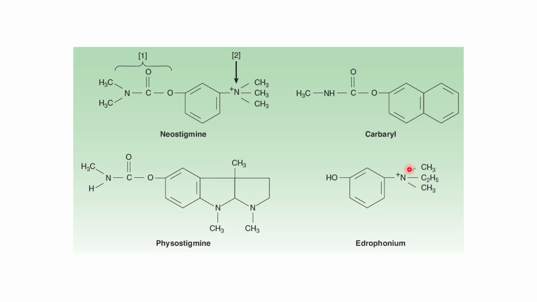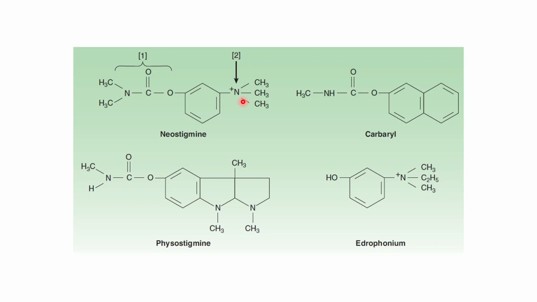The second is carbamic acid esters of alcohols having quaternary or tertiary ammonium, for example neostigmine. So neostigmine also has a tertiary ammonium group.